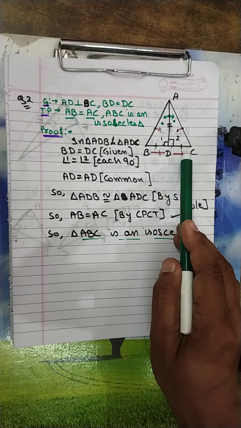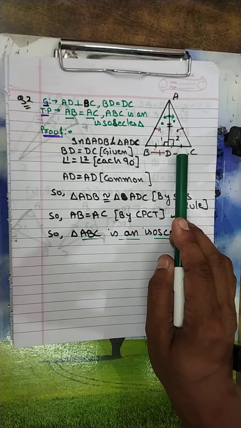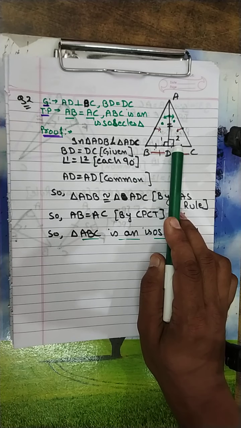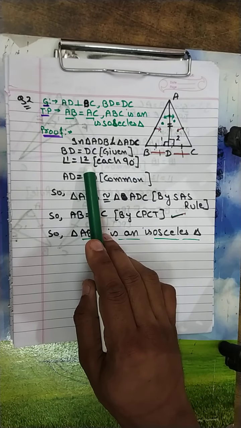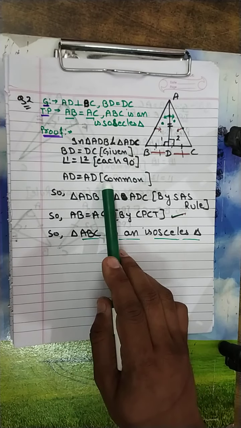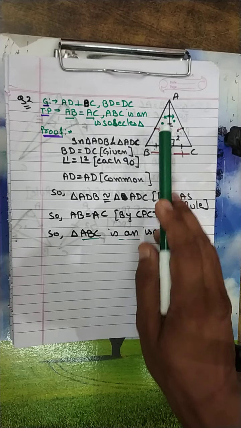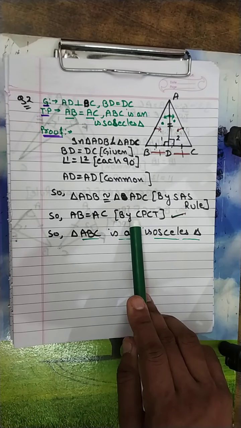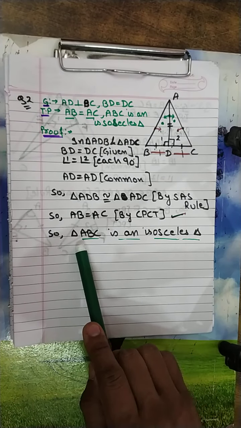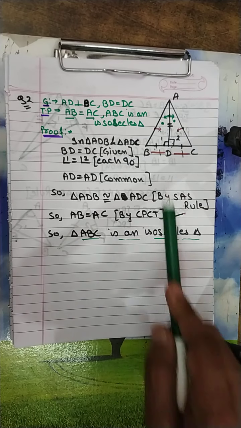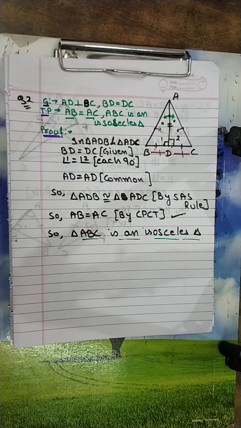BD equals DC, side equal to side; angle 1 equals 2, each 90 degrees. Both are given in the question. AD is common in both. So by side angle side, both triangles are congruent. So ABC is an isosceles triangle because AB equals AC by CPCT.